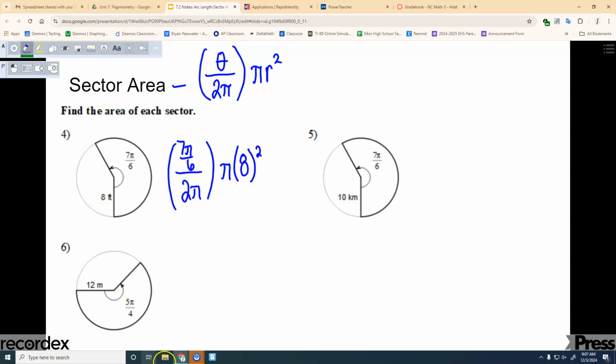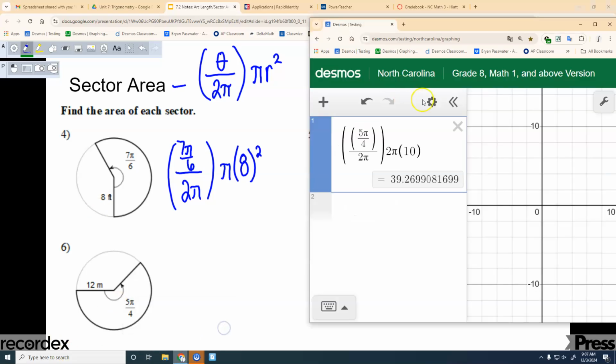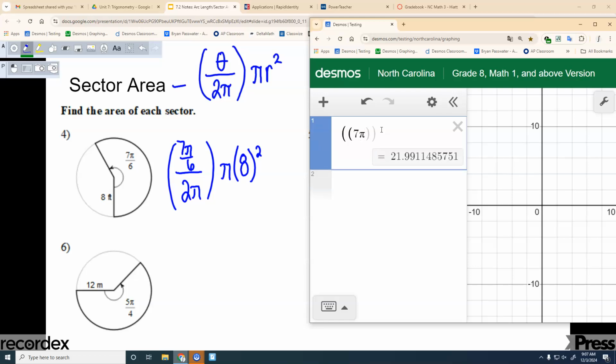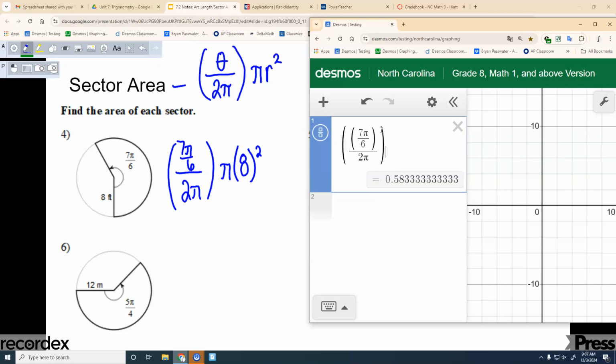And so we're just going to type that into Desmos. It's uglier, but we'll get 117.286.